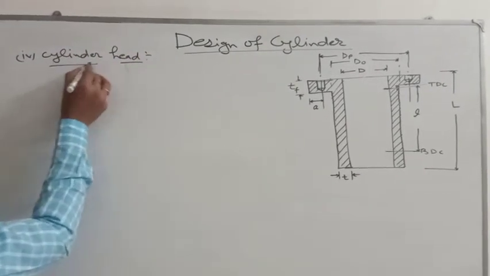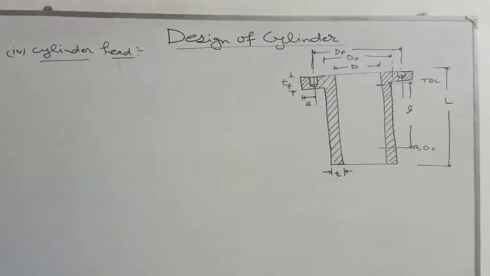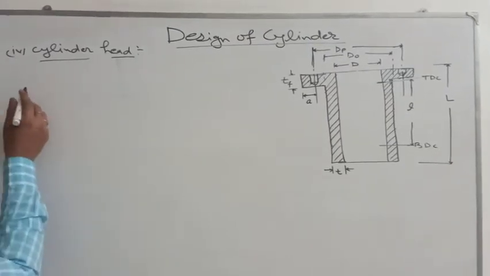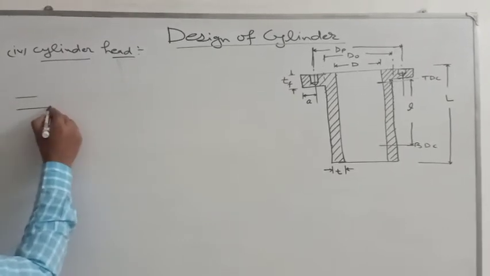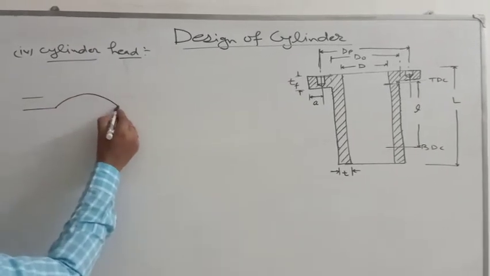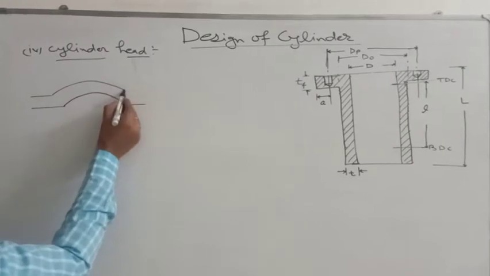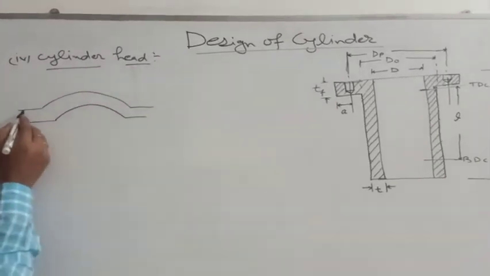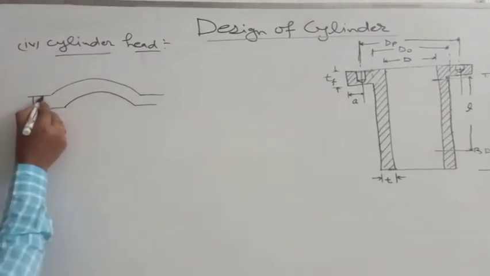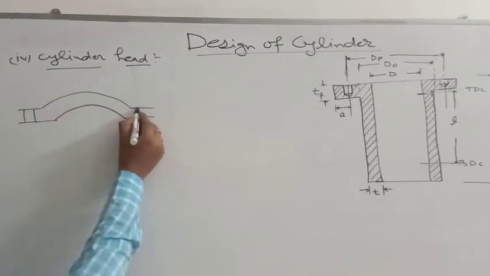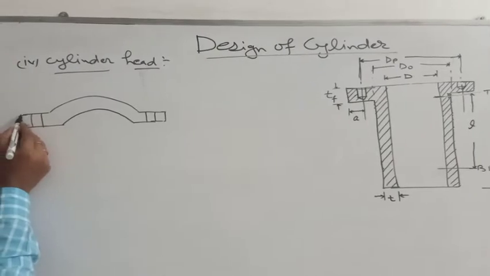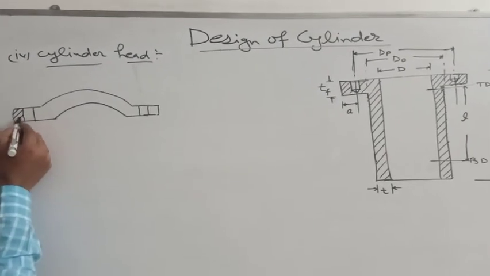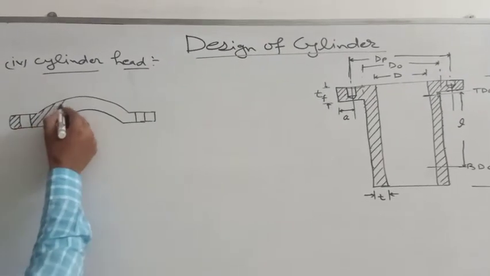In the cylinder head design, we can calculate the thickness of the cylinder head. It may be like this. Here is the hole for the stud, and this is our cylinder head.